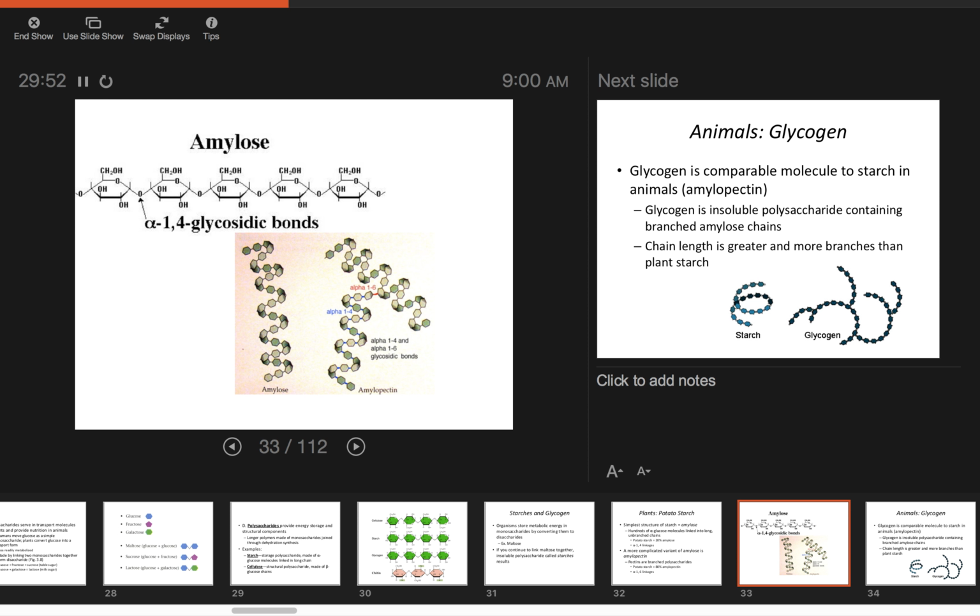I forgot to mention that alpha means it's upright, and beta is when it gets flipped upside down, if you will. Anyways, alpha 1,6. If I were to count my carbons here, 1, 2, 3, 4, 5, 6. Oh no, I did this backwards. Hold on.